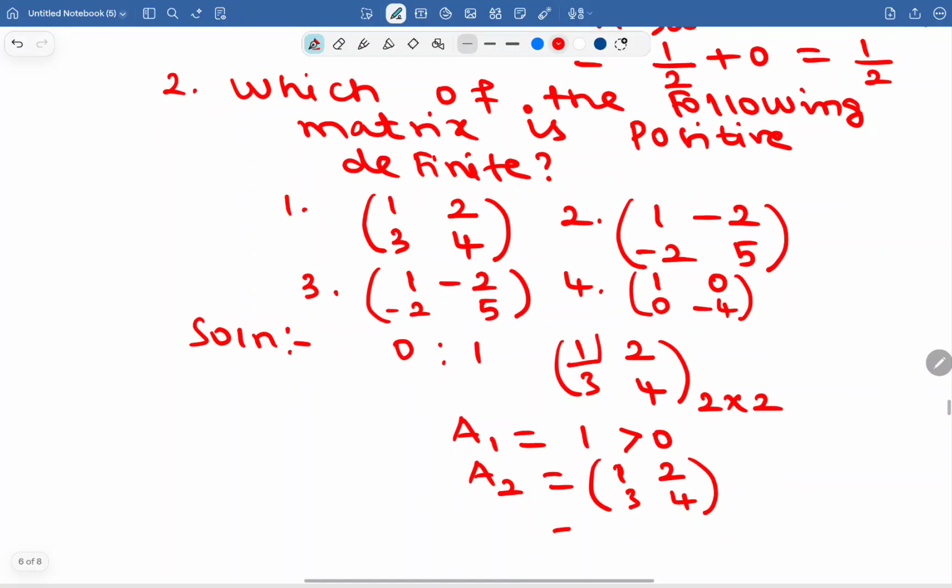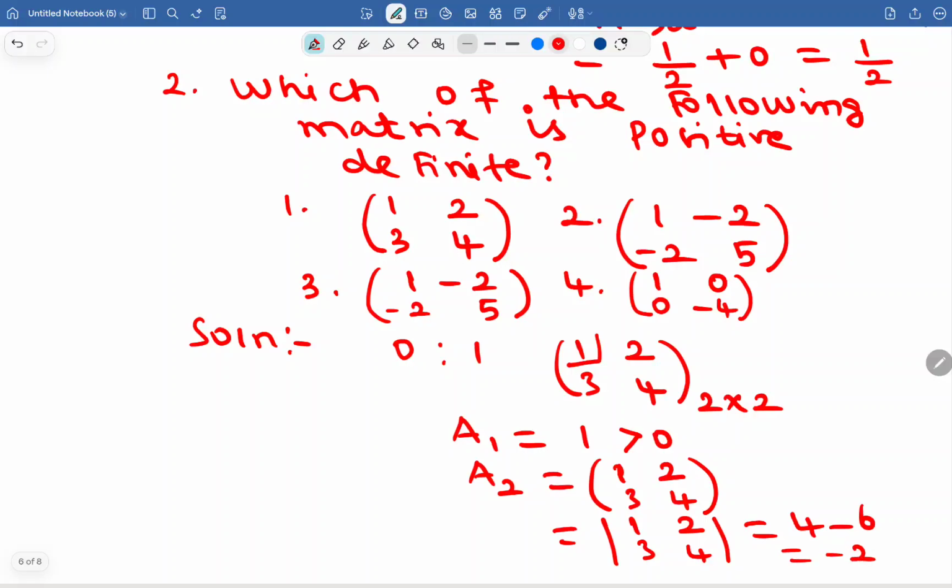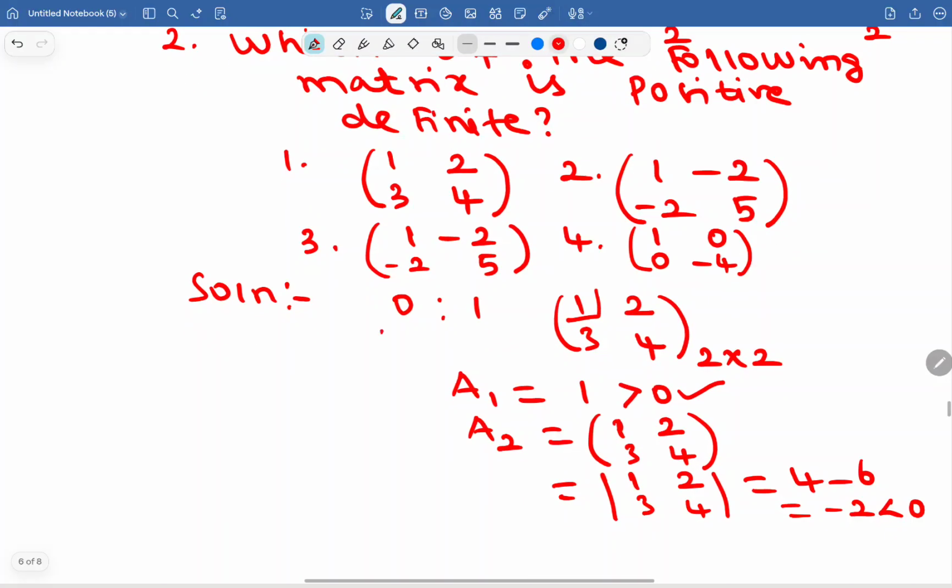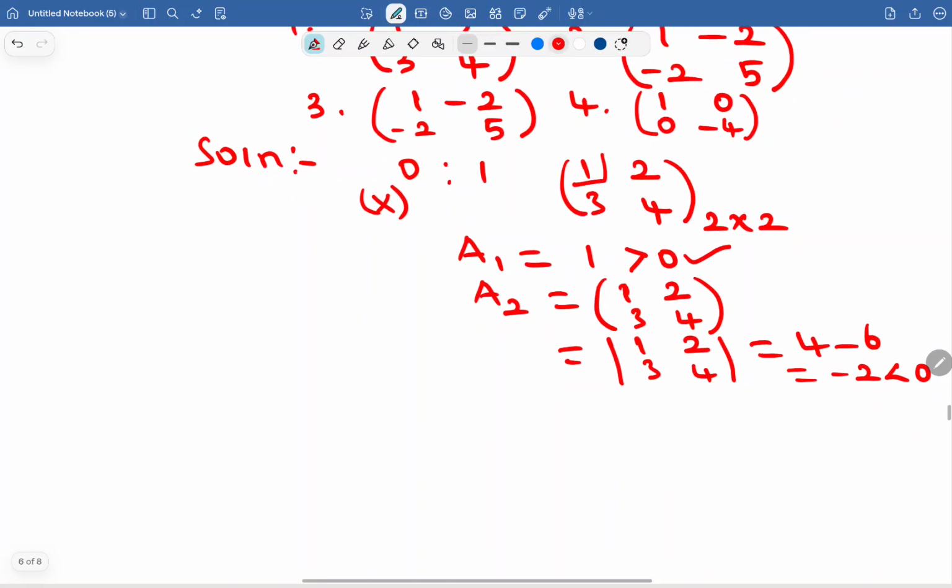Find the determinant, which is 4 minus 6, which is minus 2. One of the values is positive and another value is negative, that is less than 0. Option 1 is not positive definite. Both the values, A1 and A2, must be greater than 0.